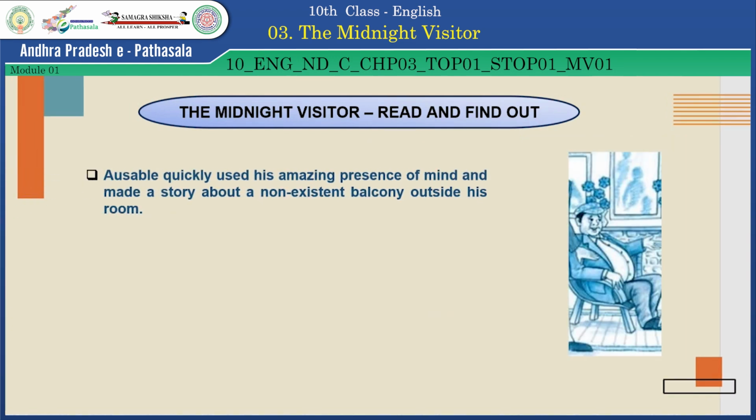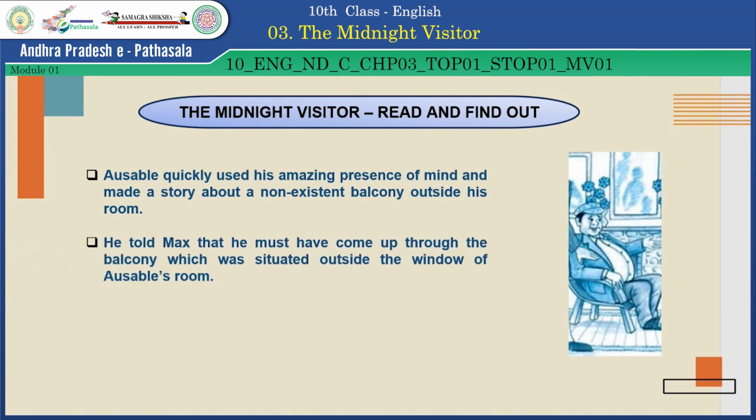Asabul quickly used his amazing presence of mind and made a story about a non-existing balcony outside his room. He told Max that he must have come up through the balcony, which was situated outside the window of Asabul's room.